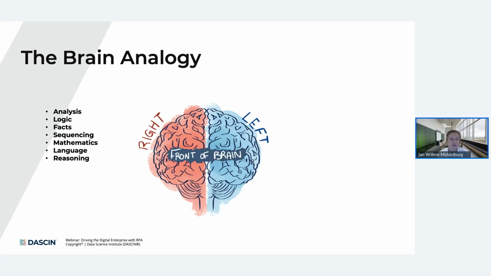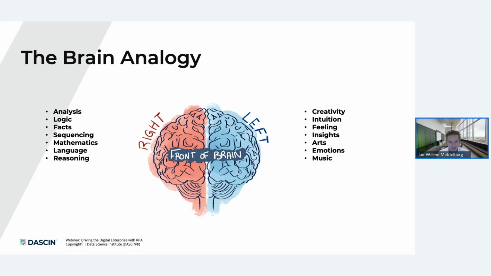This is the area with which you make decisions, process facts or information, reason, do your maths, and really internalize knowledge. The left-hand side of your brain, on the other hand, is focused around doing creative work. So this part is focused around intuition, insights, arts, emotions, and things like music are processed by this side of the brain.